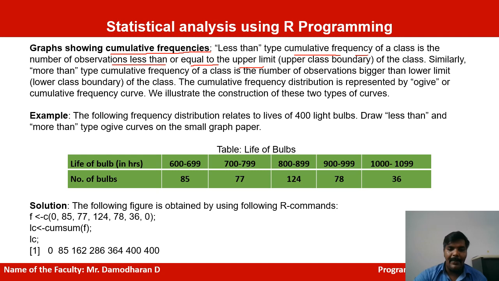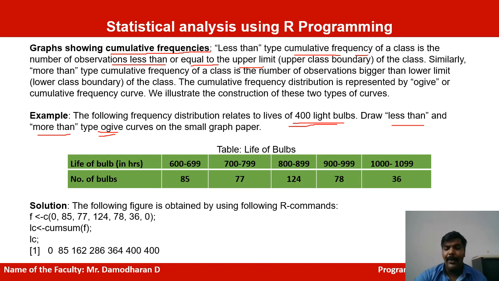See this example: in the following frequency distribution there are 400 LED bulbs. We have to draw the less than and more than cases as an ogive graph. So what does an ogive graph mean?